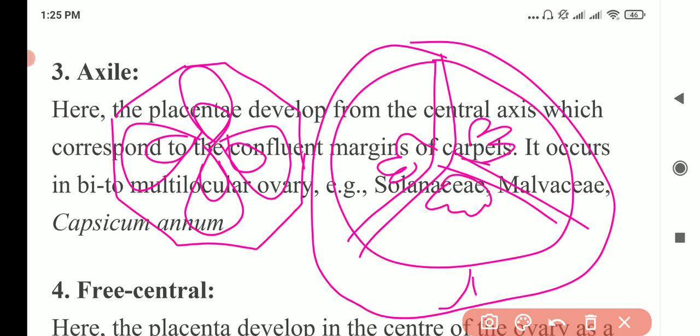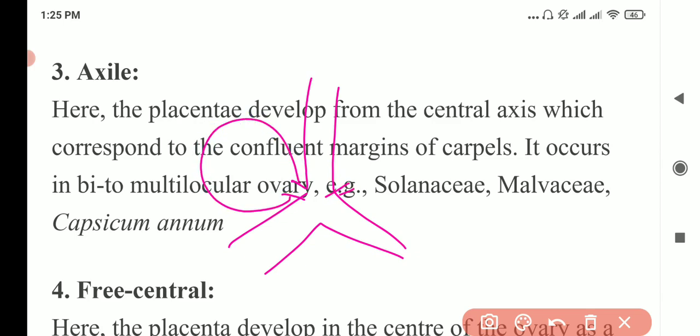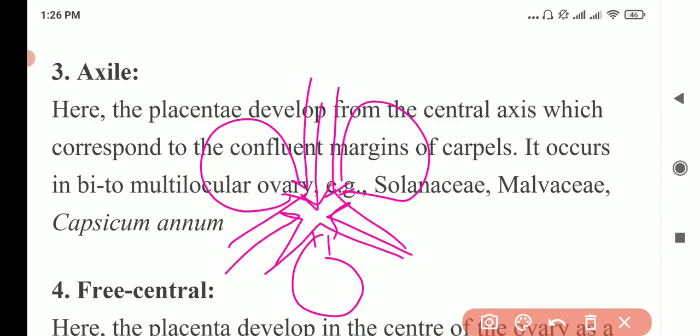So the placenta develops from the central axis. If the ovule attaches, it has to attach by some very small stalk known as the placenta. So they attach from the central axis, which corresponds to the confluence of the margins, where they go inside.